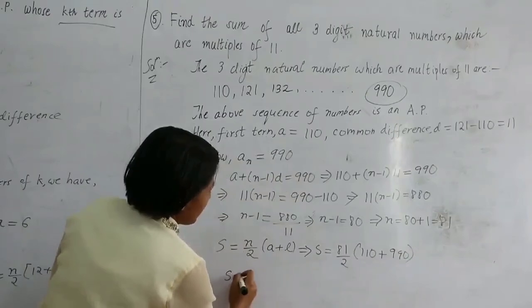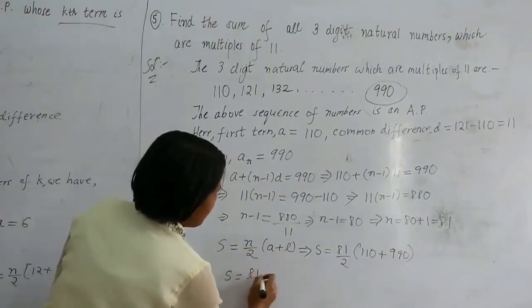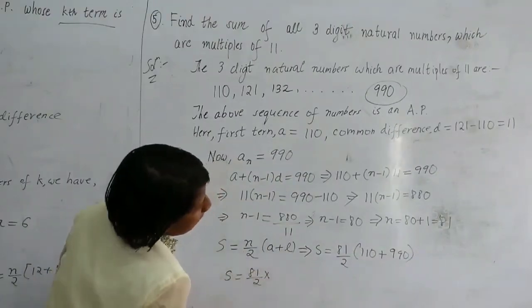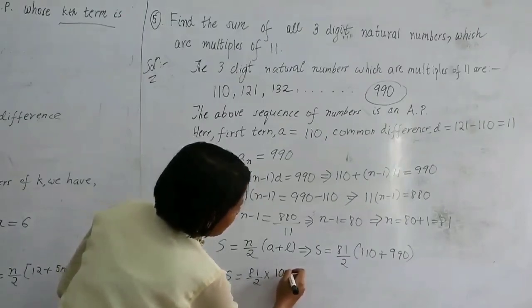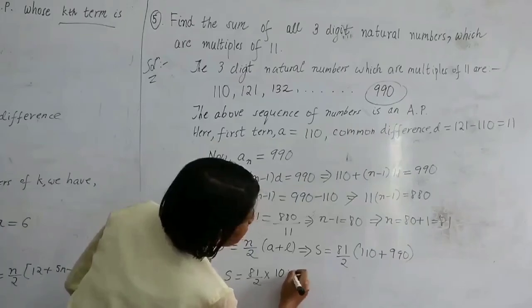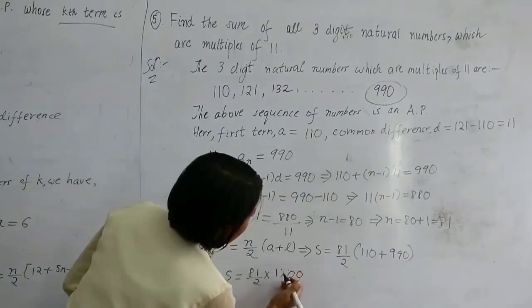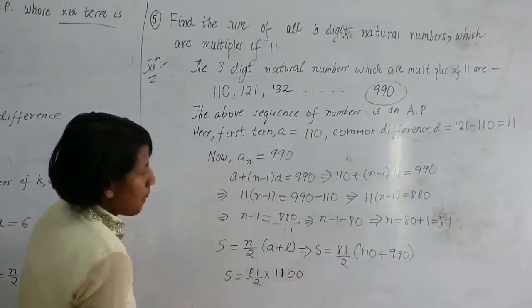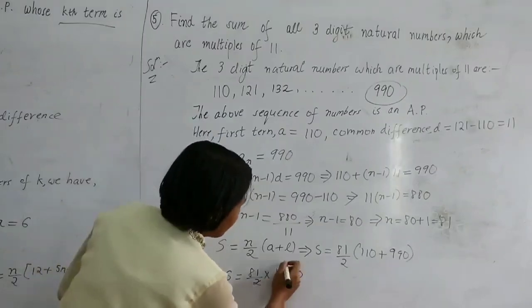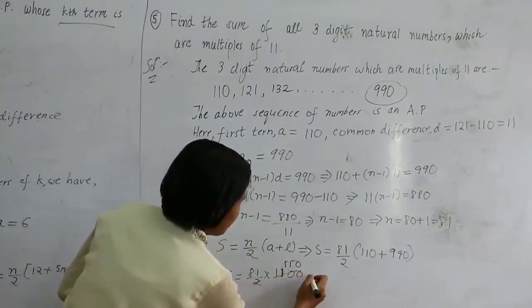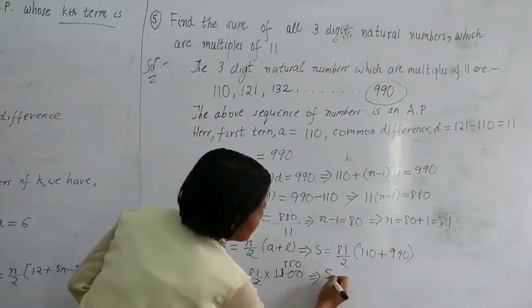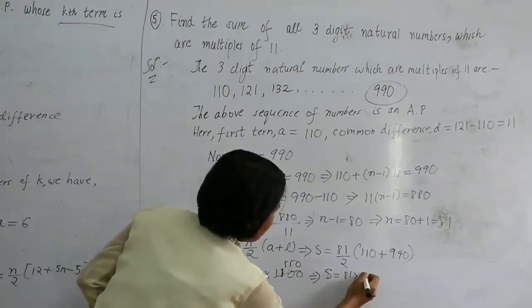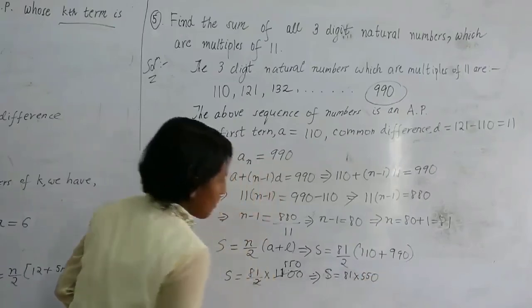So S will be 81 by 2 into 1100. So this implies that S is equal to 81 into 550.